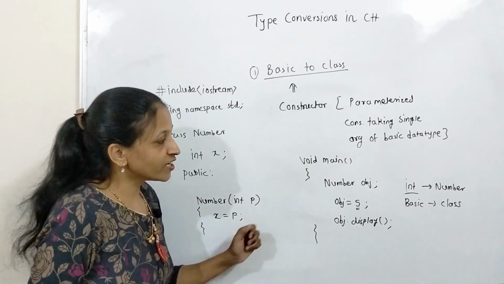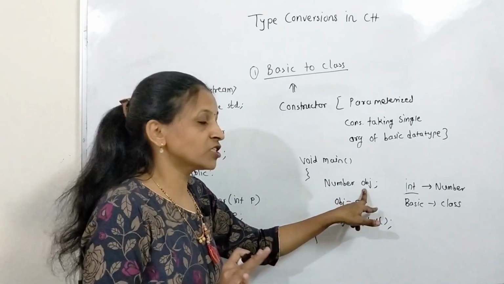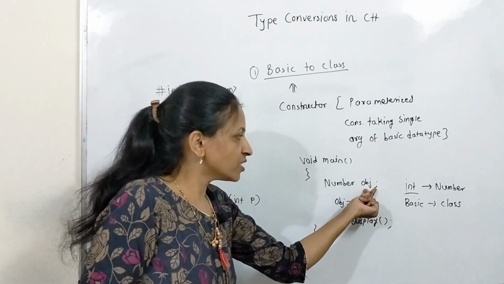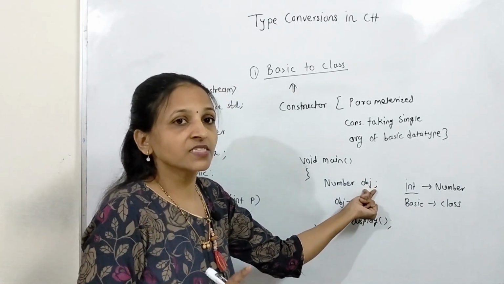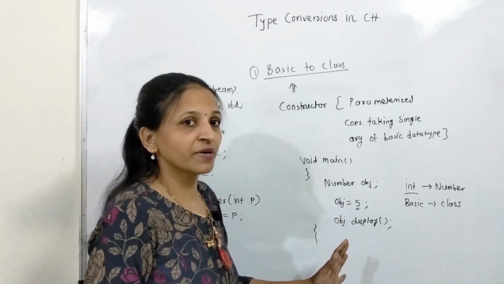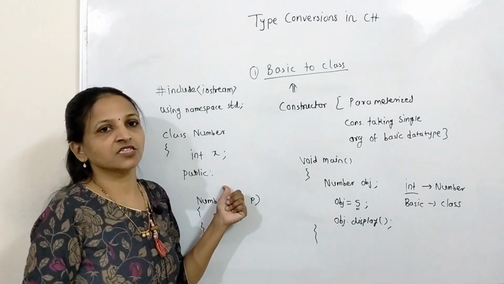But if you want that object creation is also possible without a parameter, if you don't want the compulsion of that parameter or argument while creating the object, then just write one default constructor there.